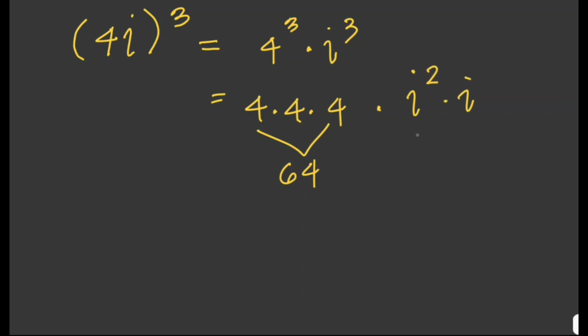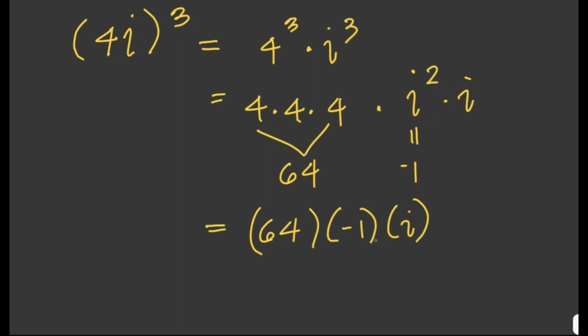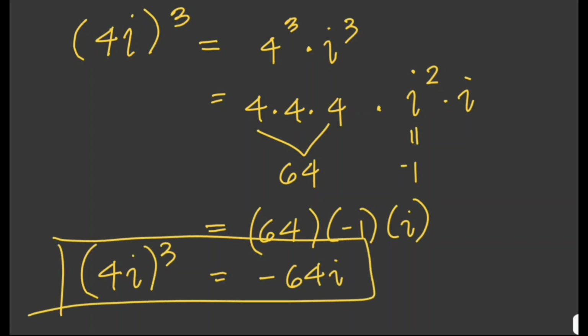We know that i squared is equal to -1. Therefore, this is just equal to 64 times -1 times i, or -64i. So the expression 4i cubed is just equivalent to -64i.